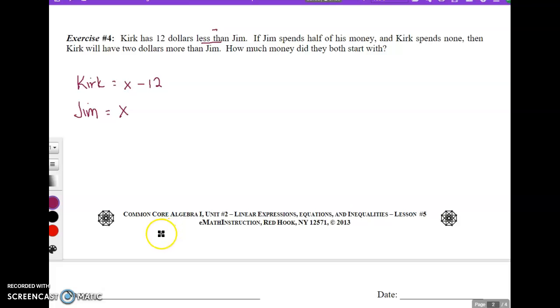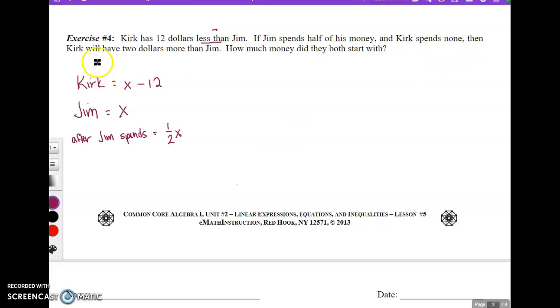Okay, now, if Jim spends half his money, all right, so after Jim spends, how much money will he have left? Well, he has X now. He spent half of it. So how much does he have left? He's still going to have half left. Okay. All right. So it says if Jim spends half his money and Kirk spends none, then Kirk will have $2 more than Jim.